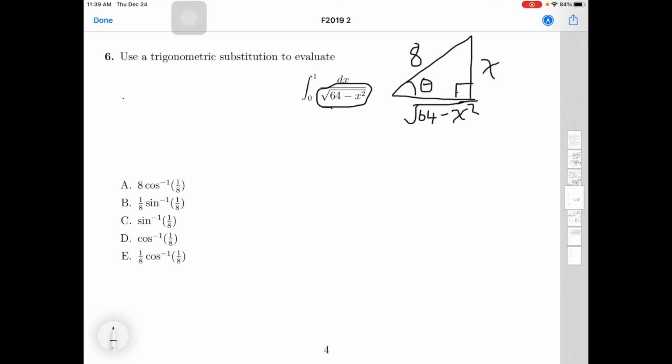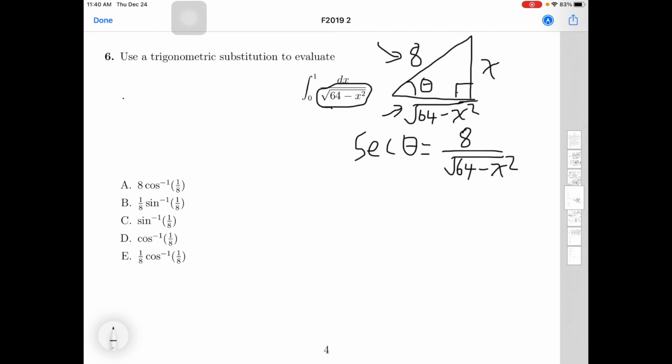Then the secant of theta would equal 8 over the root of 64 minus x squared. Since cosine is adjacent over hypotenuse, secant is just the other way around, the hypotenuse over the adjacent side.